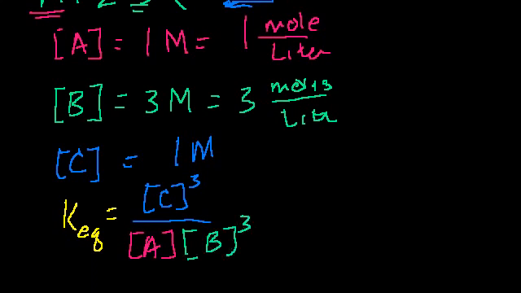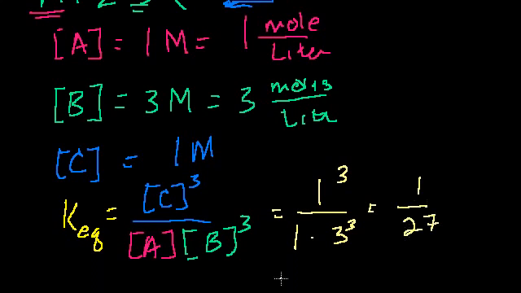So if we needed to calculate this, concentration of C is 1 molar, and we're raising it to the third power, divided by concentration of A, which is 1 molar, times the concentration of B, which is 3 molar, to the third power. So this is equal to 1 over 27.